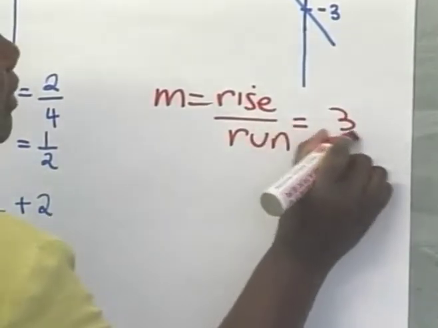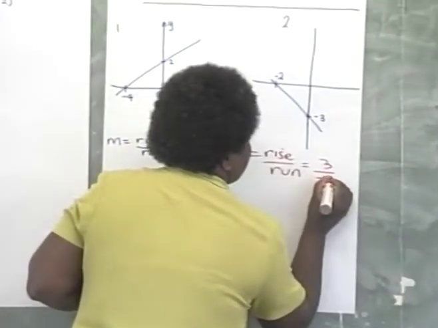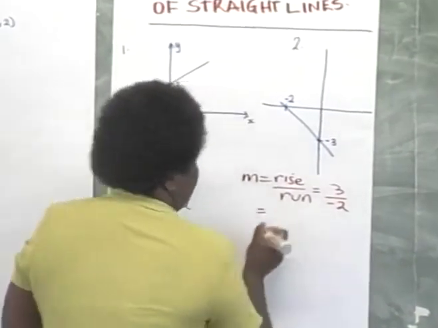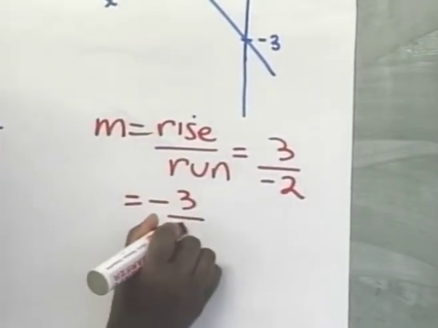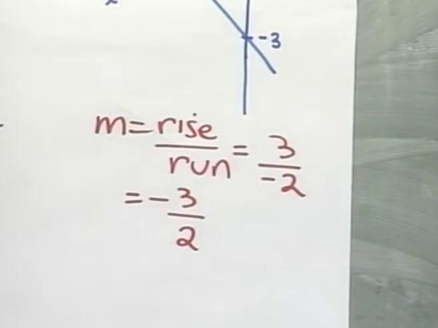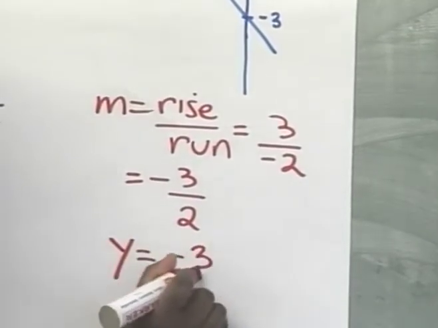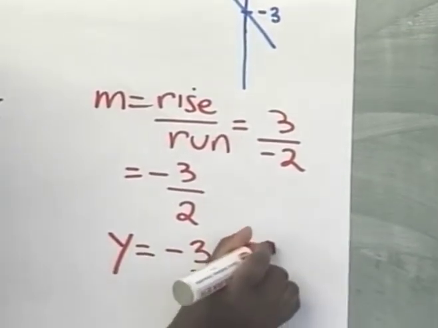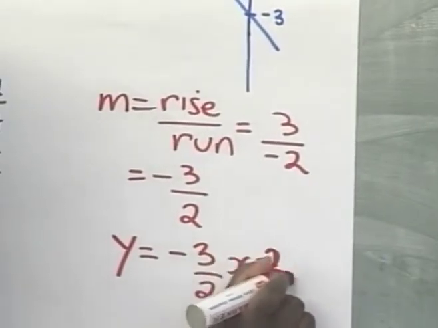Okay, the run, Esther? Negative 2. Okay, so the gradient of the line is negative 3 on 2. The y-intercept is shown on the line. It is negative 3. So the equation is y equals negative 3 on 2x minus 3.